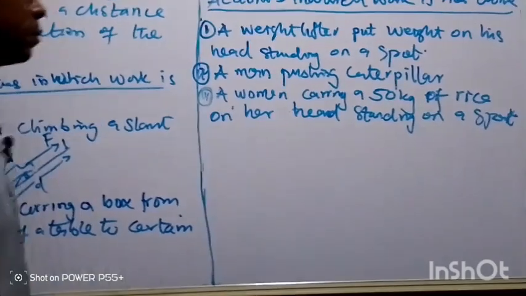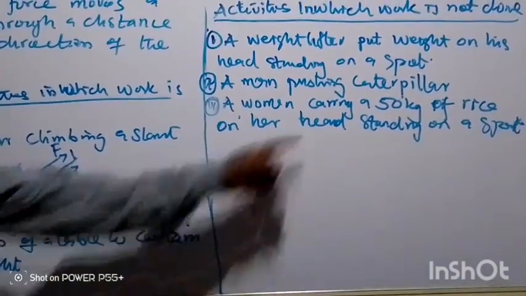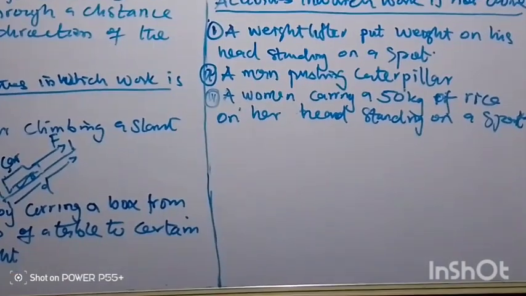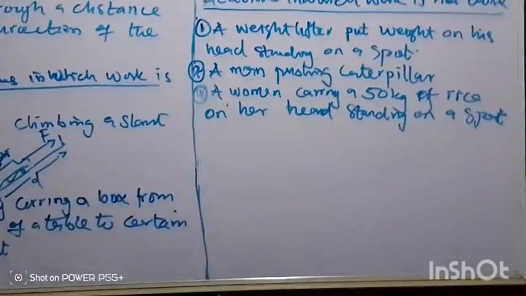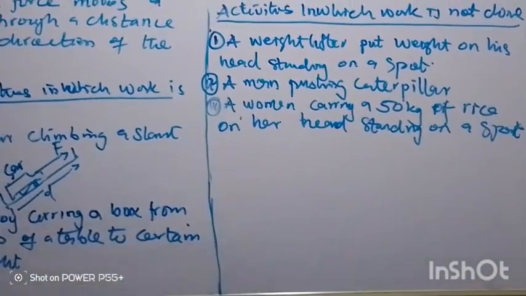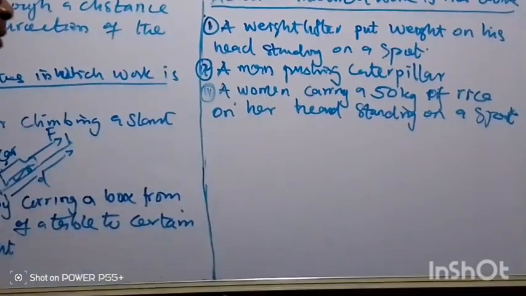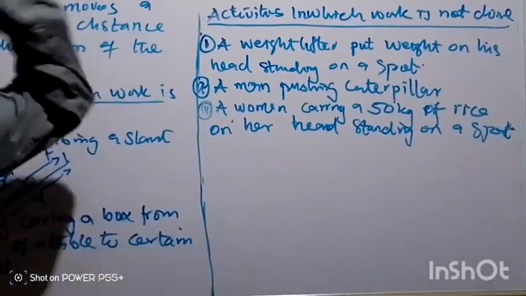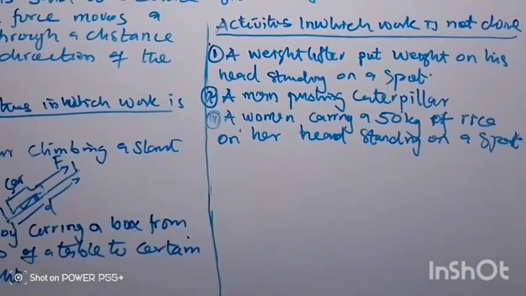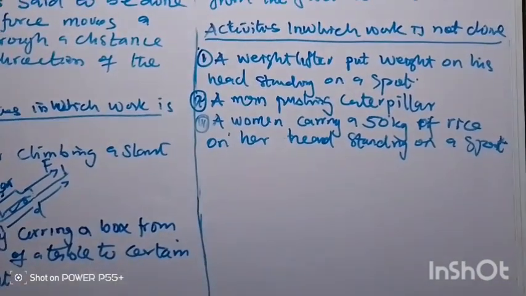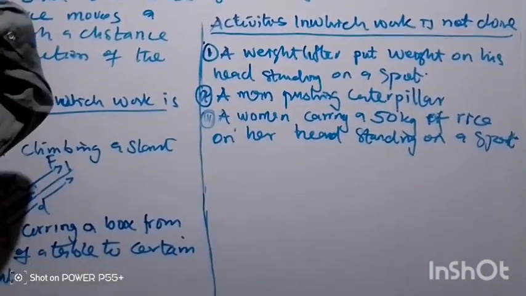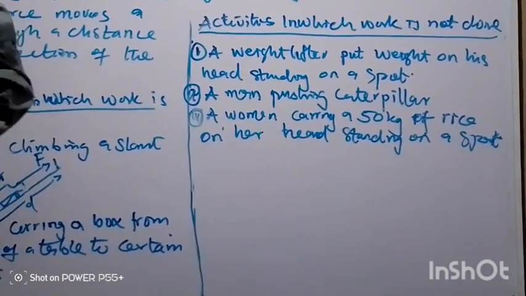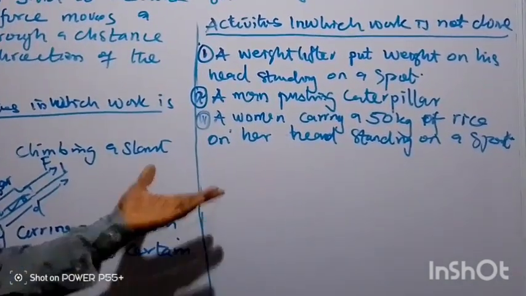In the normal sense, you would think the person is doing a lot of work, but by putting a 50 kg bag of rice on her head, the load has not been carried through any displacement. So there's no work done. The work done is 0.